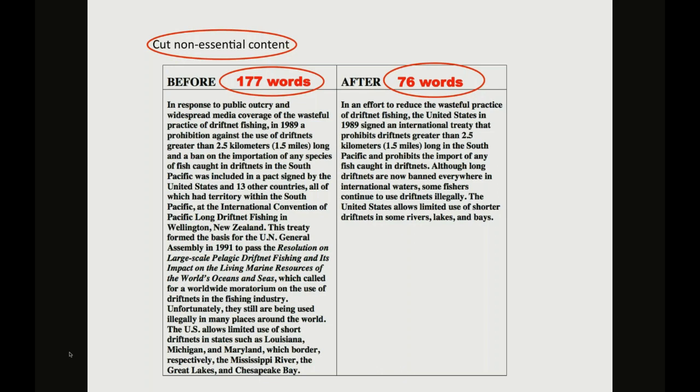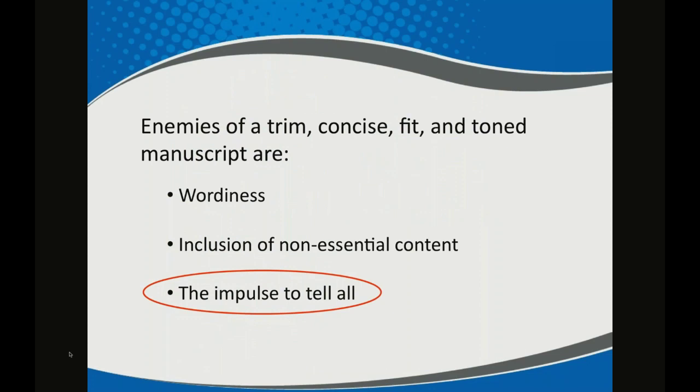Remember, you want to cut non-essential content and not list every fact related to the topic of your narrative. Finally, resist the impulse to tell all. This one is hard, as it goes against all our training as academics to be thorough.